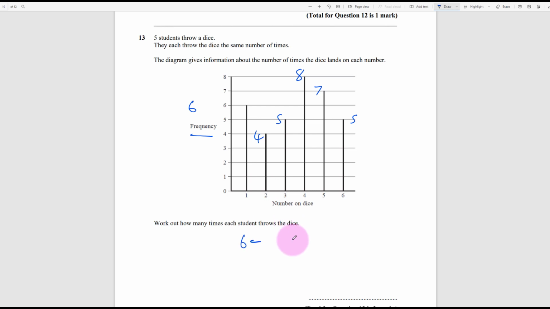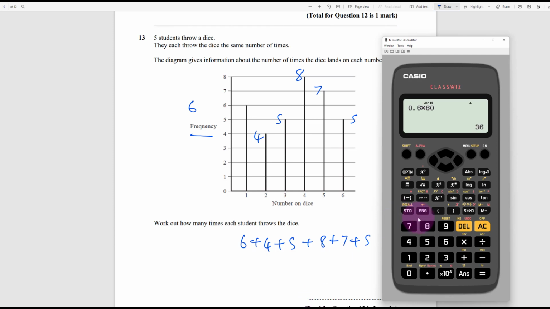Get your method mark, write that down. Use your calculator. 6, add 4, add 5, add 8, add 7, add 5. Press equals. Not worth making an error here. That's 35.